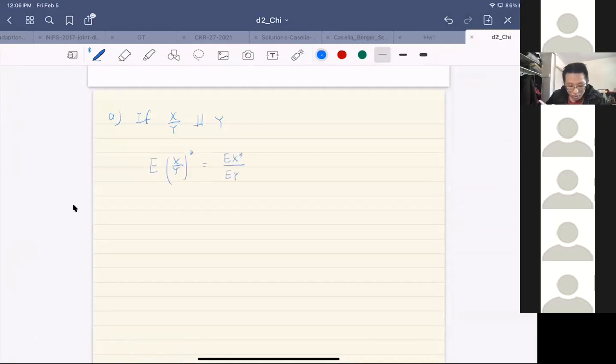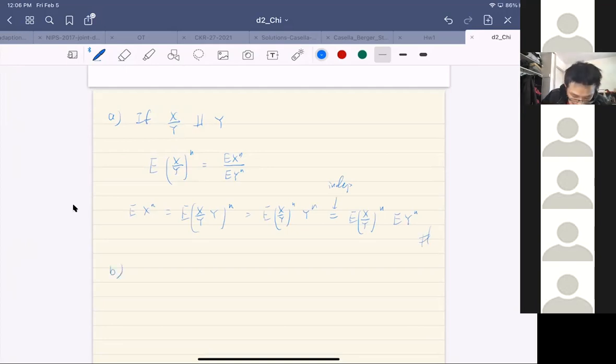This one we can do like this: the exponential, Sn is equal to, and this is equal to, by independence. Good. Okay, so we show this equation.